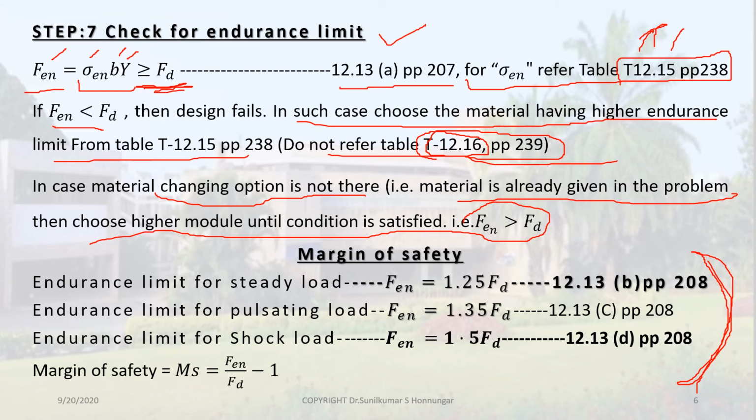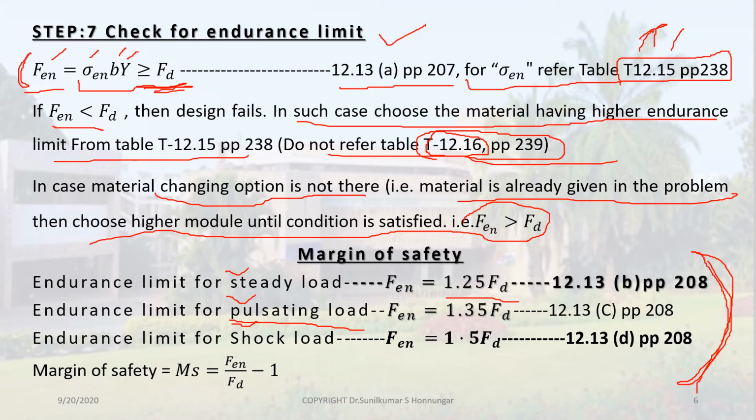There are three conditions, the thumb rule. Endurance limit for steady load: whatever F endurance is there, you don't take this value directly, you take a higher value, that is you take 1.25 times Fd. Endurance limit for pulsating load. So just see what that is: steady load, pulsating load, and then shock load.